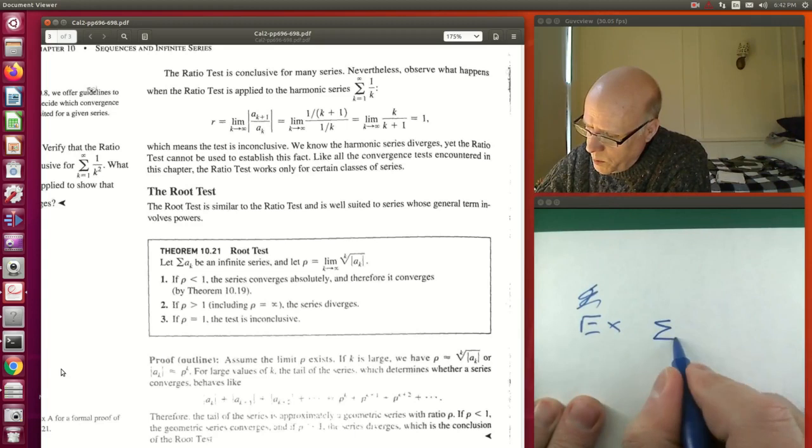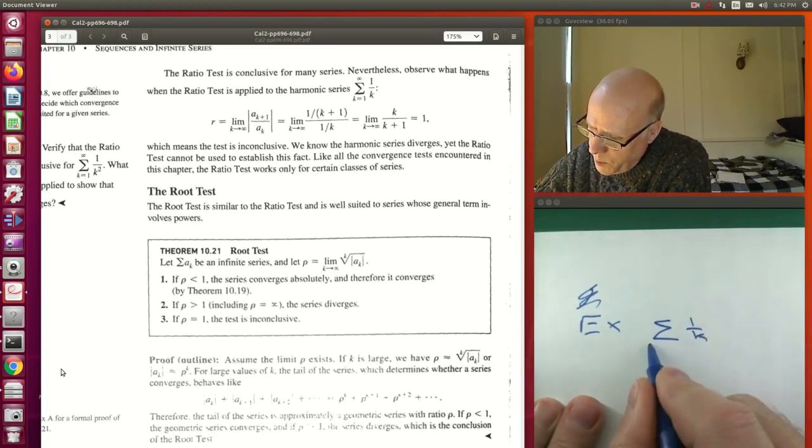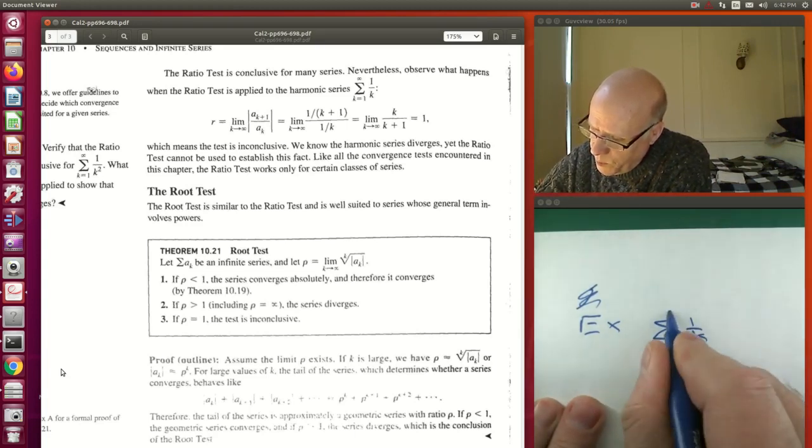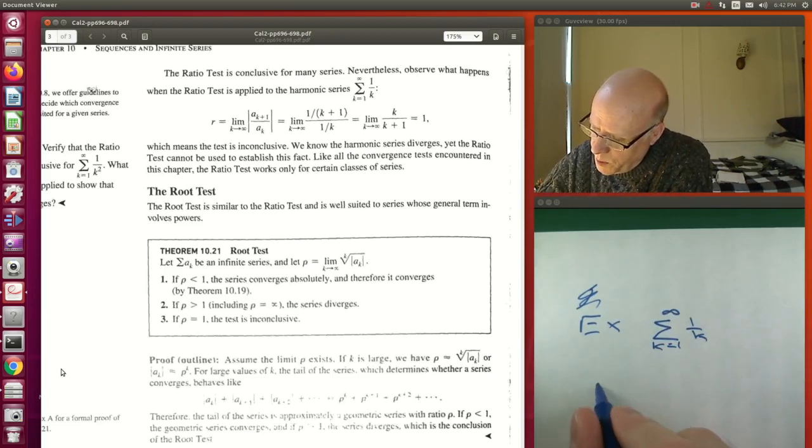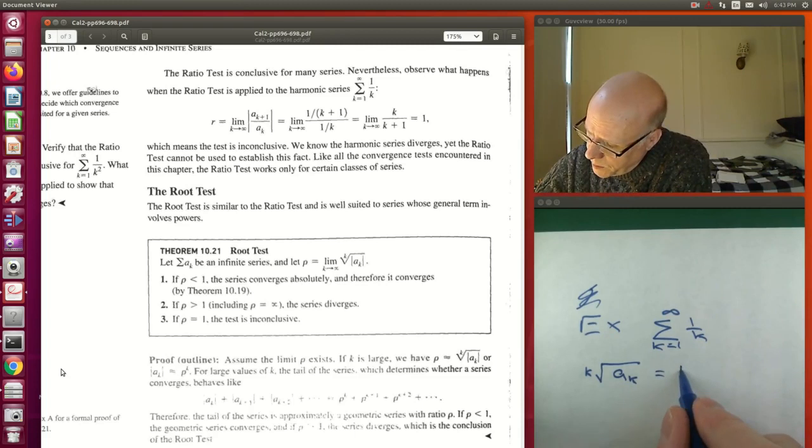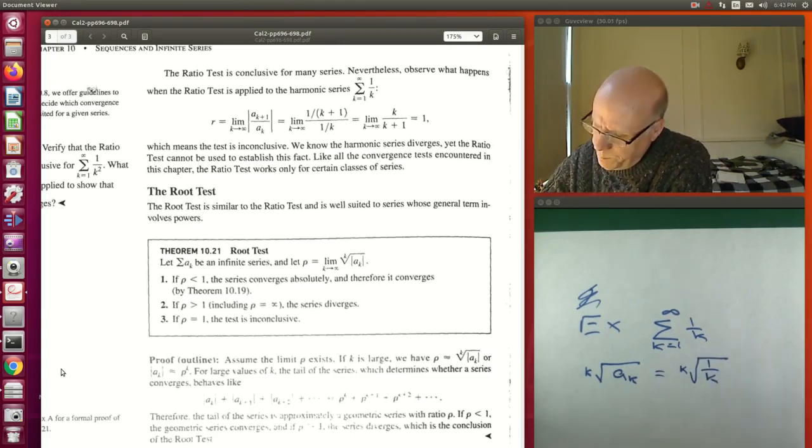The series we're interested in is 1 over k, where k is running from 1 to infinity. So the kth root of a sub k is equal to the kth root of 1 over k.